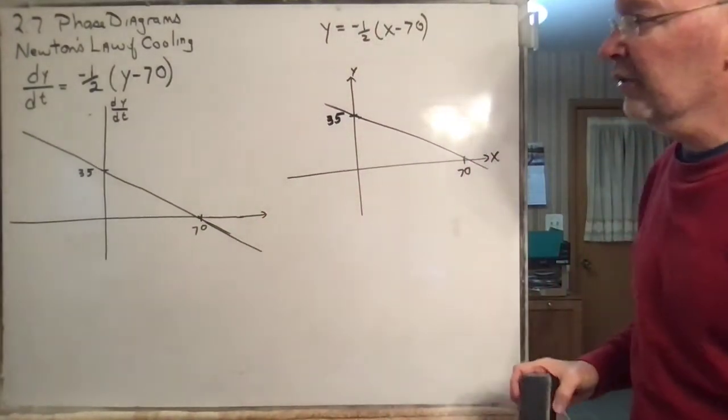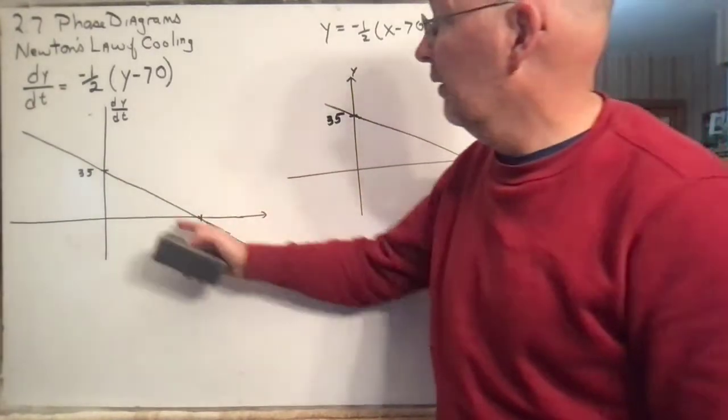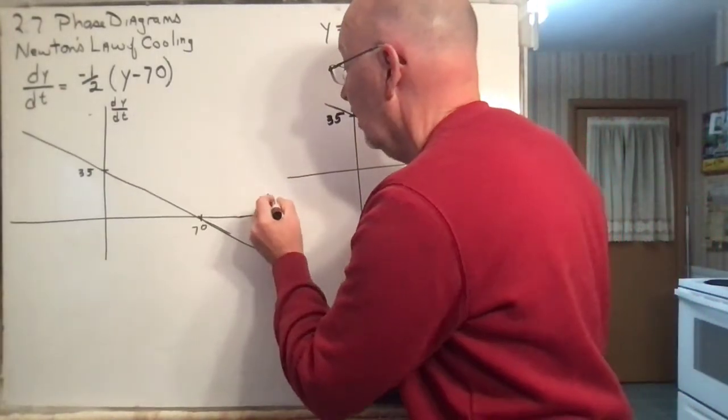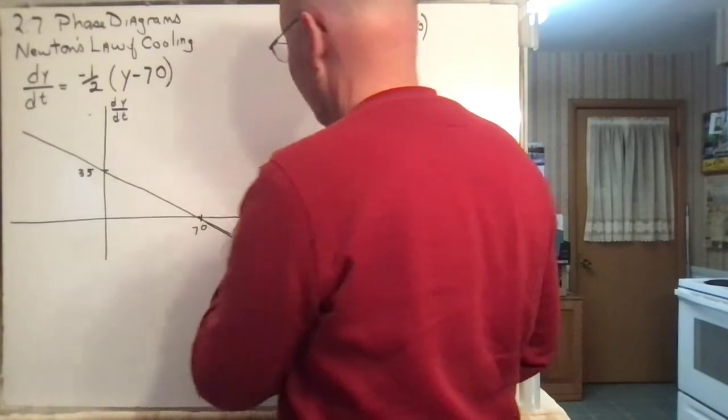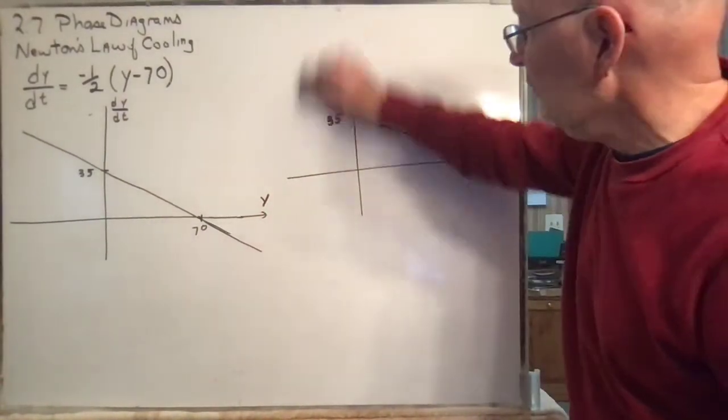So there's the graph of dy/dt versus y. Okay, so there it is.